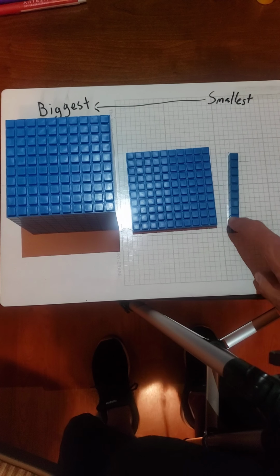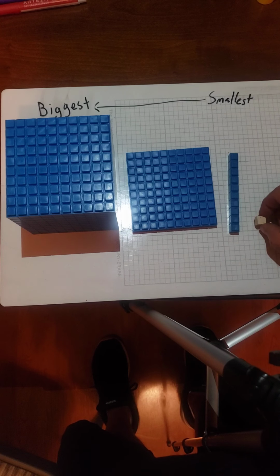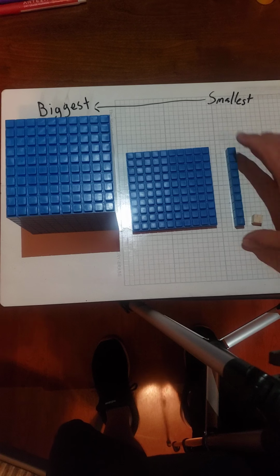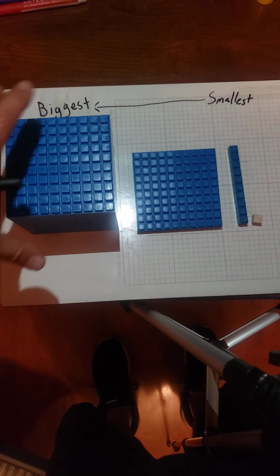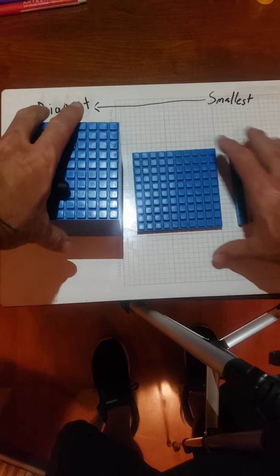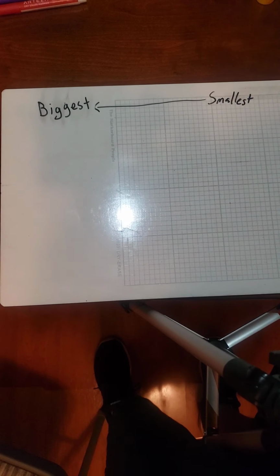We call this tens, hundreds, and thousands because it's compared to how big this unit is. So in our base 10 system, this is a 1, 10, 100, 1,000. That's what they should have gotten when they were in kindergarten, first grade, their place value. Now we're moving up a few years, and let's suppose that they have this.